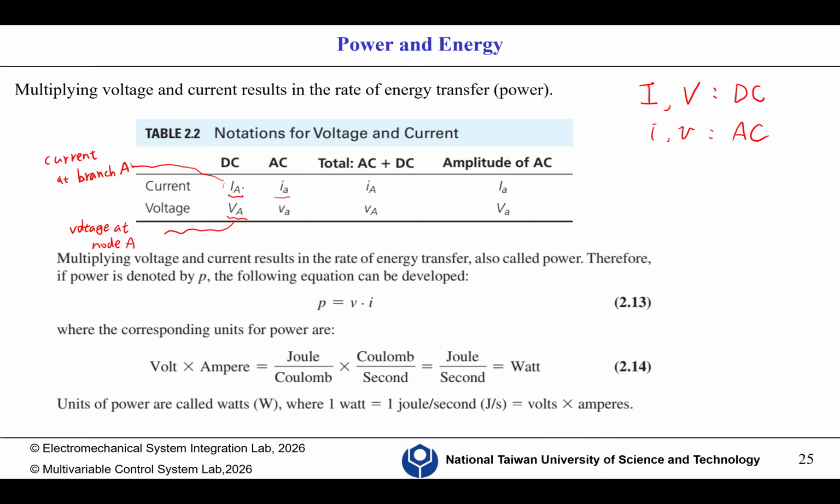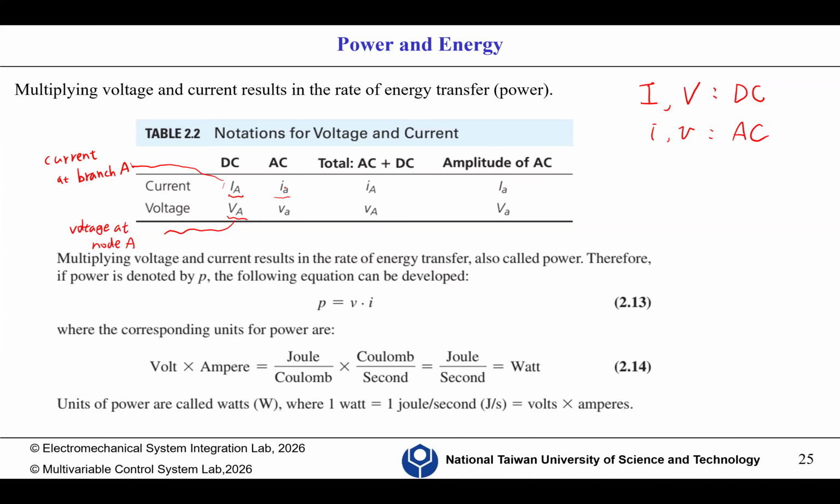And they all use capital characters. So capital I, capital A, capital V, capital A. So they are DC components. And for AC components, we use italic characters.